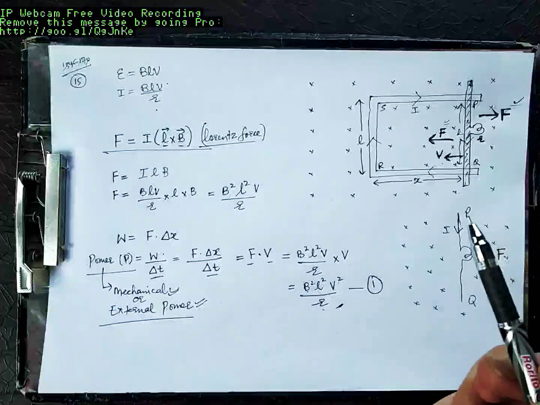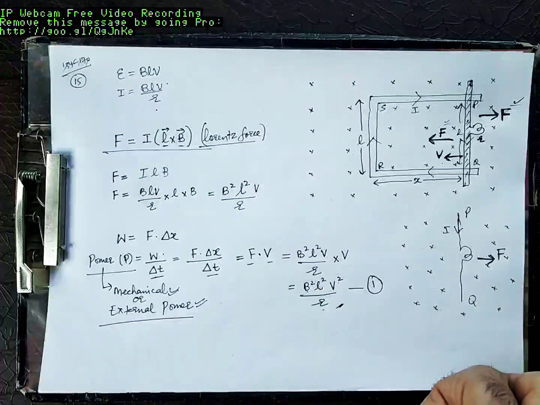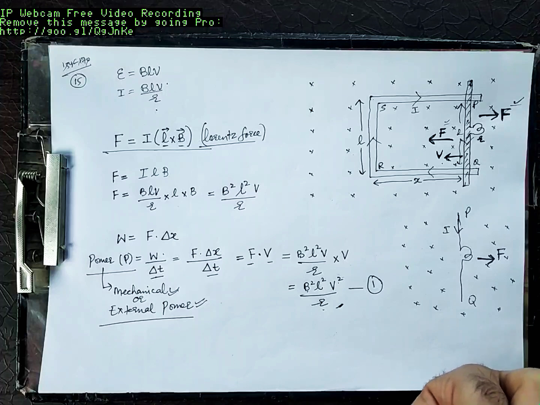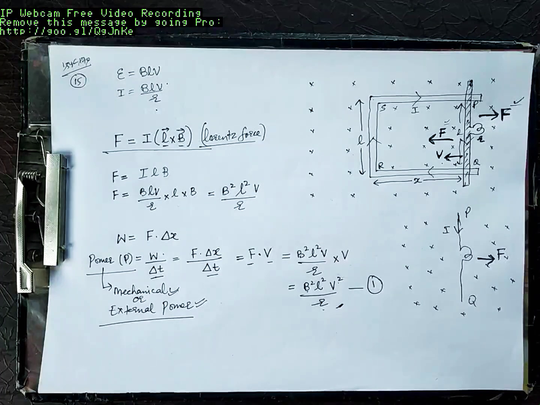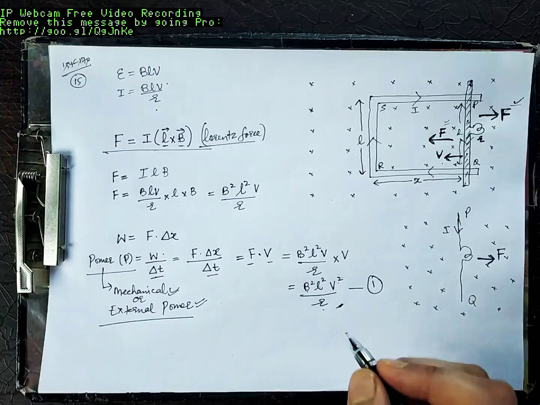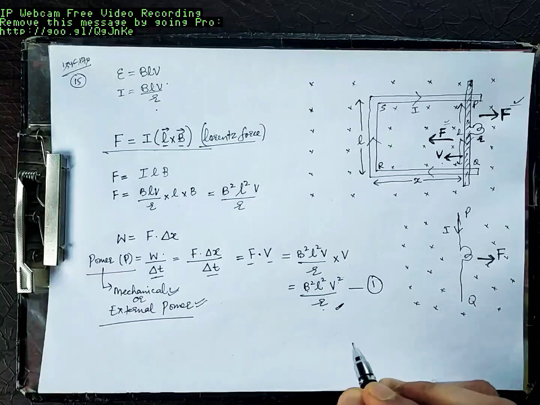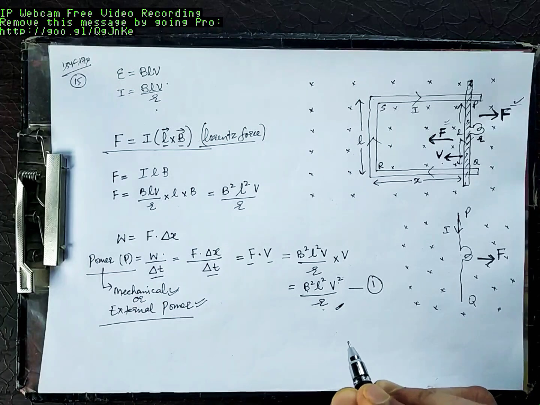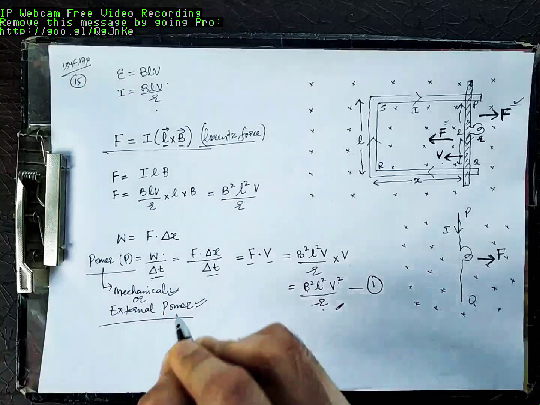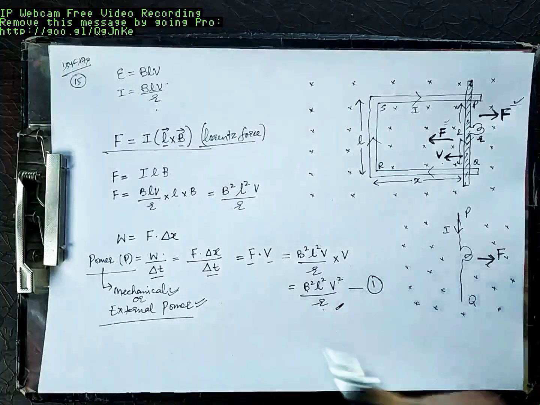What happens to this mechanical power? Does it get destroyed? No, it cannot, because we know from the principle of conservation of energy, power or energy cannot be destroyed. So what does happen to this power? The answer to this question, I am answering it myself, is this mechanical power or external power is being converted into electrical power.